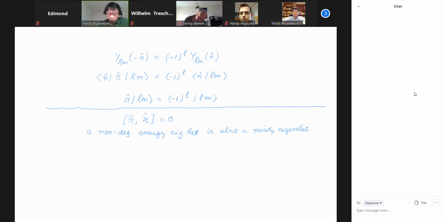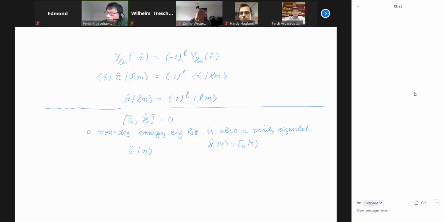So I can show this quite simply by looking at the state n. So let's say that |n> is an eigenket of H, so H|n> is equal to E_n|n>, like that.